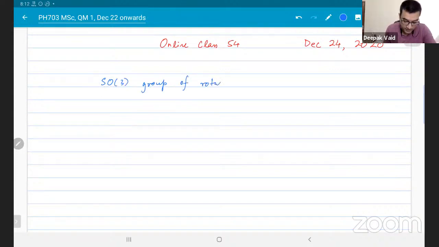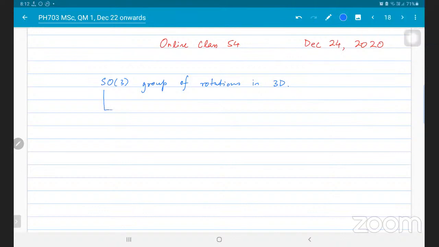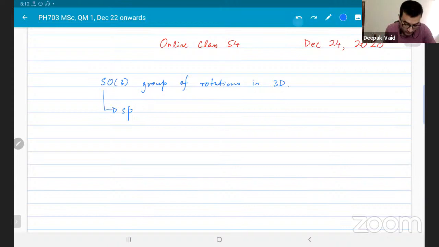What does this SO3 mean? What does S mean? Anybody? S is special. What does that mean?